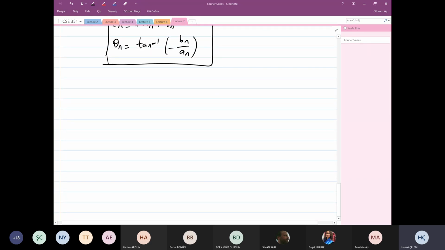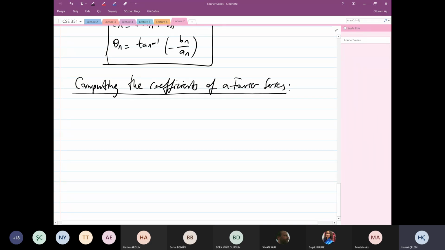So the next topic is computing the coefficients of a Fourier series. How are we going to compute these unknown parameters?